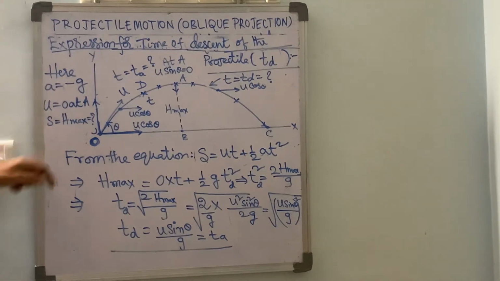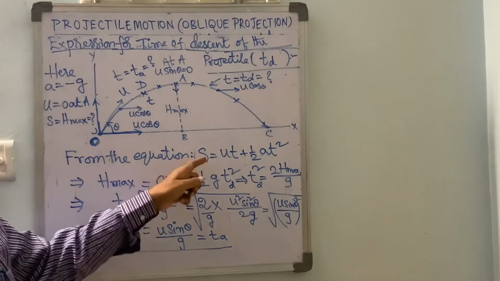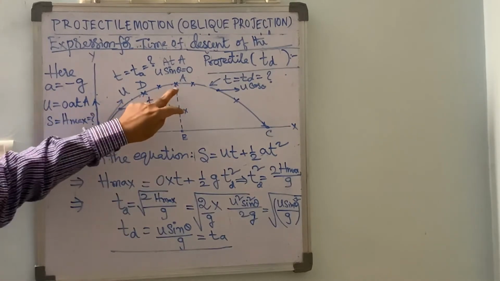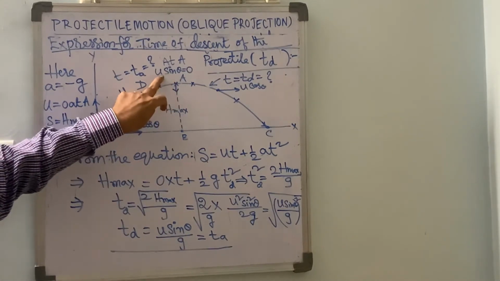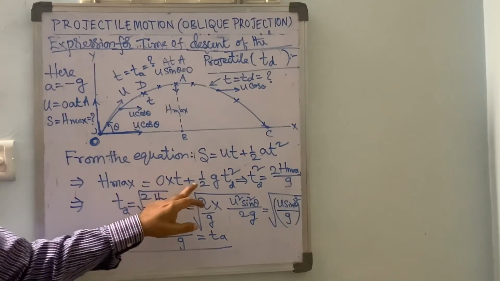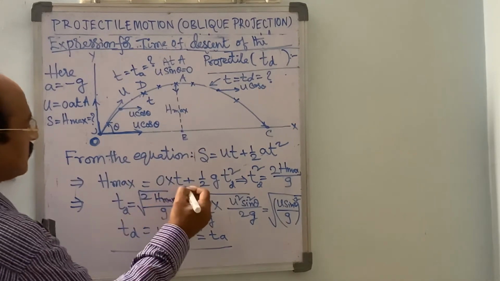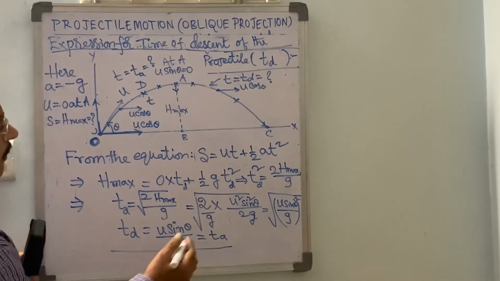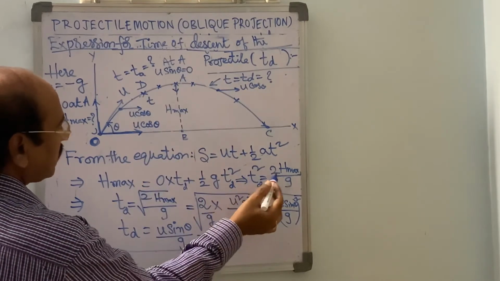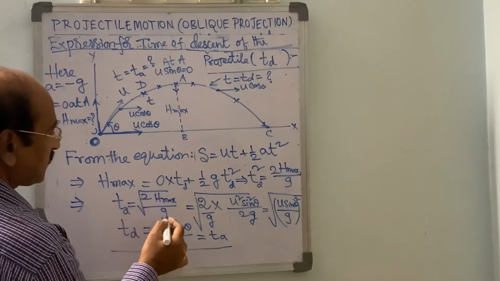Now from the expression s equal to ut plus half at square, here the initial velocity at point A, u sin theta, is equal to 0, plus half g td square, where td is the time taken to reach the ground from A. Therefore, td square is equal to 2h maximum by g.